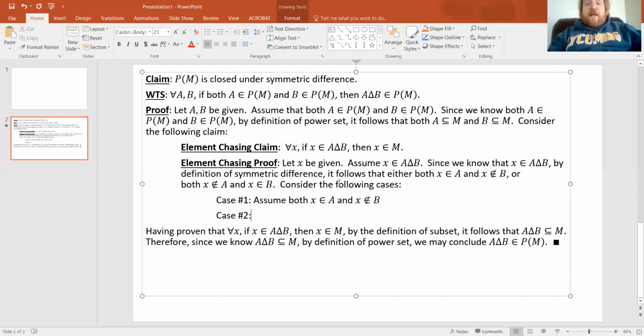And then the second case is we assume the or. So we assume both x is not in A and x is in B. Now, our goal in each of these two cases is to argue the then part, that x is a member of M.